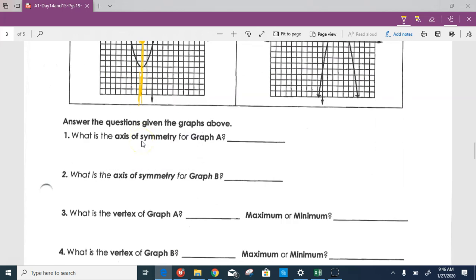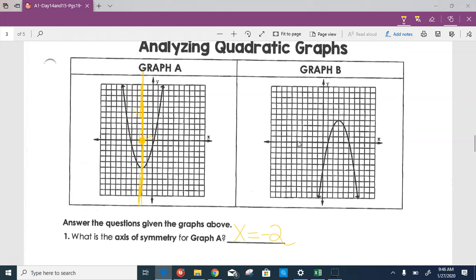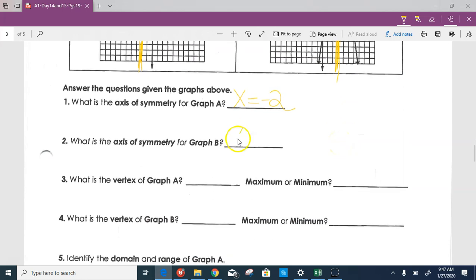So the axis of symmetry for graph A is x equals -2. What is the axis of symmetry for graph B? If I apply the same concept over here, I draw my line that cuts the parabola in half. Wherever it hits the x-axis, in this case, +3, that is my axis of symmetry, the line.